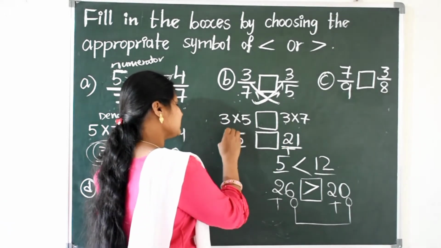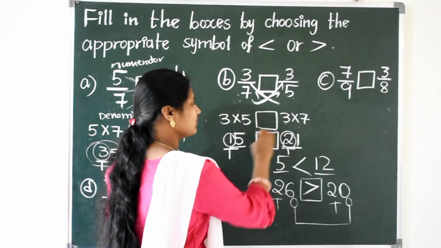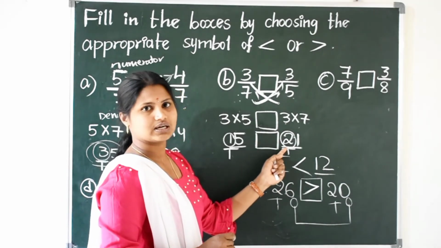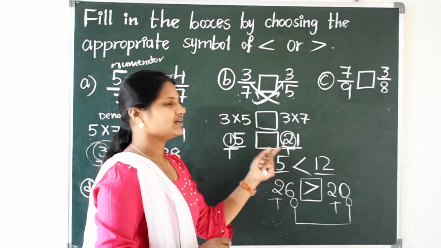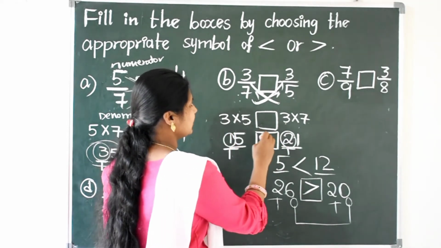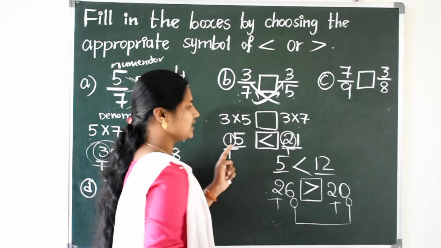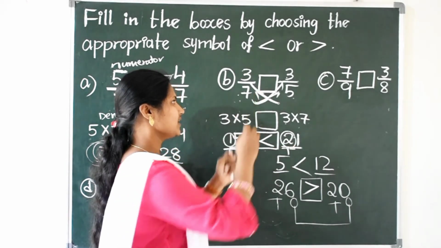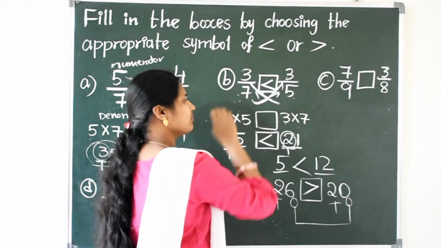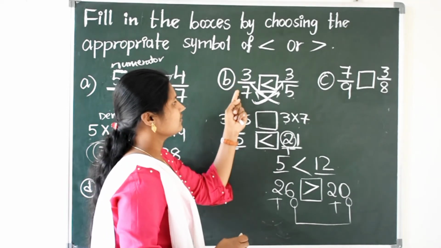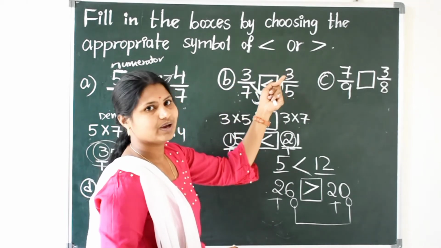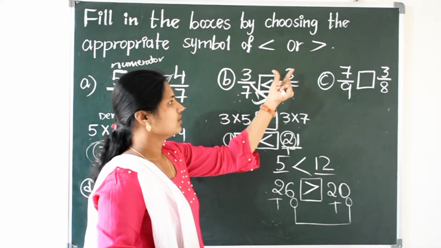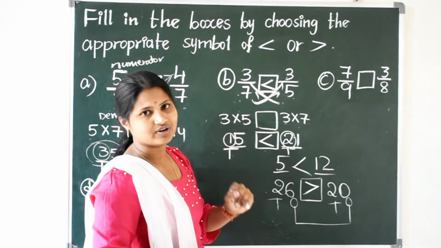Here tens place value is 1, here tens place value is 2. Which is greater here? Yes, 2 is greater number. So 21 is greater number. 15 is less than 21. So automatically we can say less than symbol comes. 3 by 7 is less than 3 by 5.